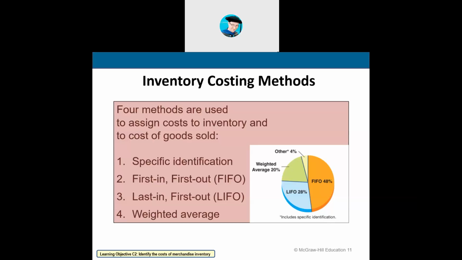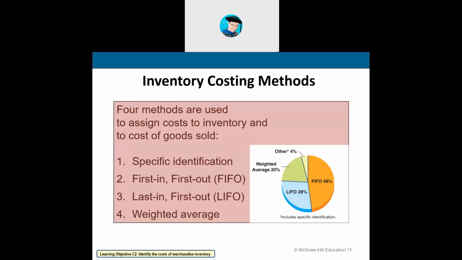Examples of companies that use the first in, first out method would be grocery stores. The reason grocery stores would use the first in, first out method is because most of the products they sell are perishable. It means they go bad over time.